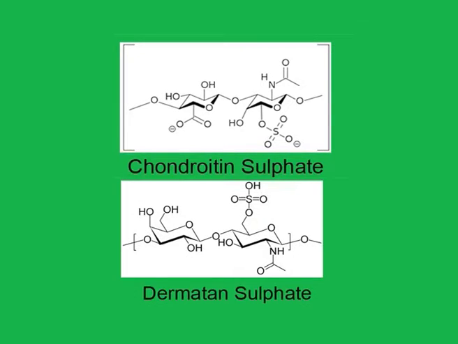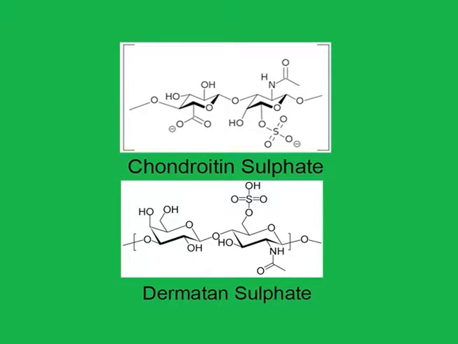Chondroitin sulfate and dermatan sulfate are epimers. Epimers means the conformation at any one carbon is different, that is, the OH conformation is different at only one carbon. Chondroitin sulfate and dermatan sulfate have differences at carbon 5.